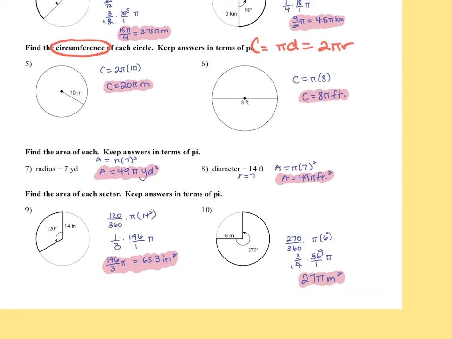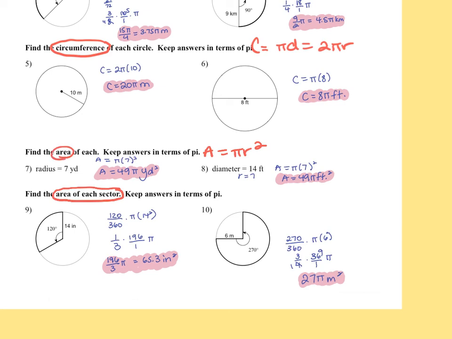Then came area. So remember, area of the circle is pi r squared. Number 7 would have been 4 squared, which is 49. I'm sorry, 7 squared, which is 49 times pi. And 8, they gave you the diameter, cut it in half. The radius is 7, so it's the same answer, 49 pi. And the last one was the area of the sector.